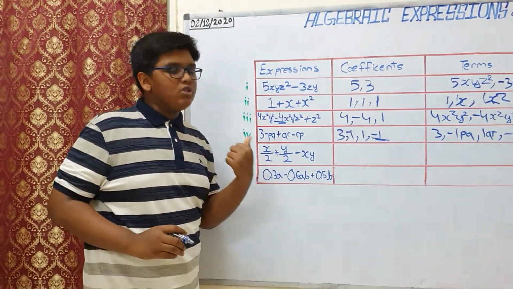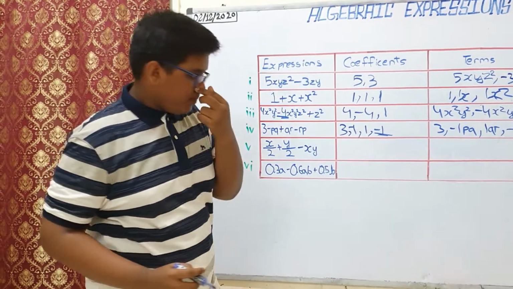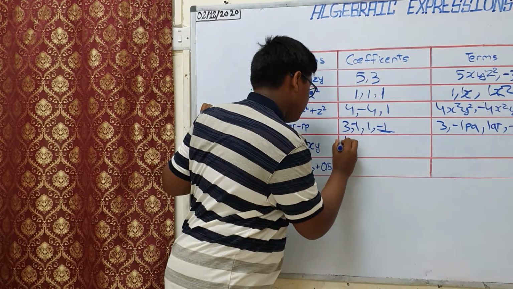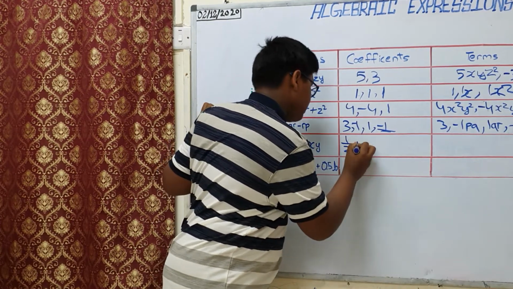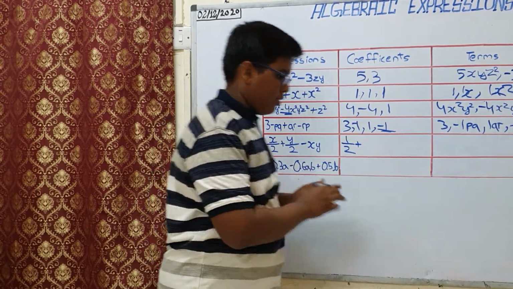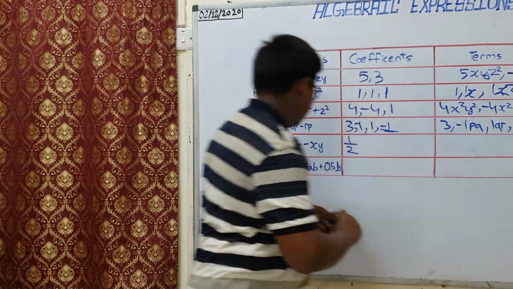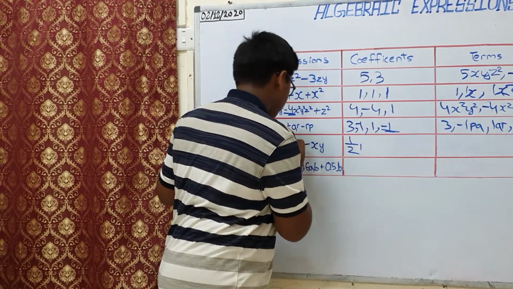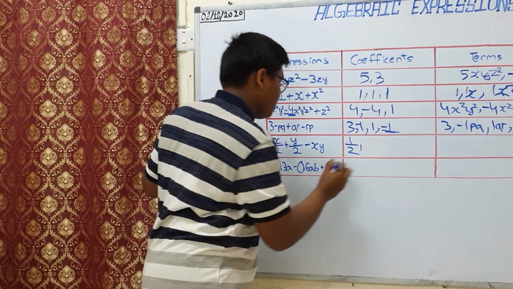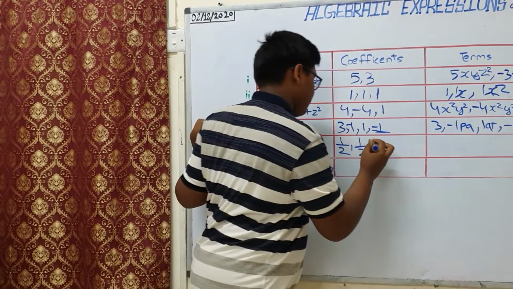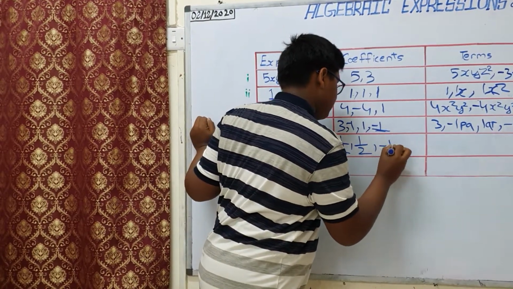All rules are the same for everything. So x by 2 is equal to 1 by 2, then y by 2, so this will be again 1 by 2. Then minus xy, this will be minus 1.